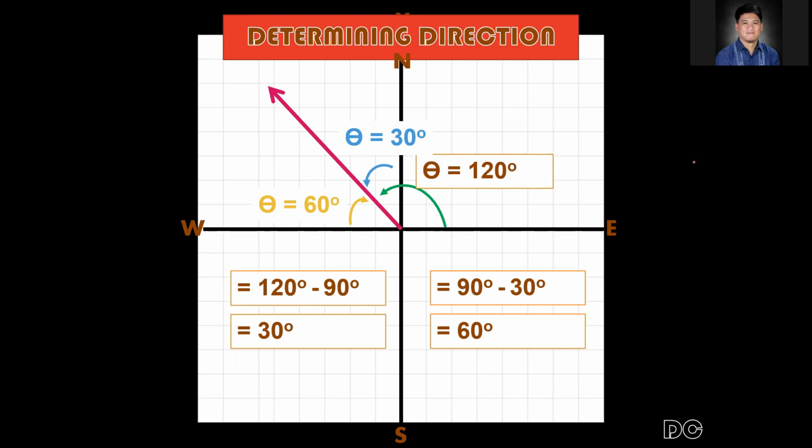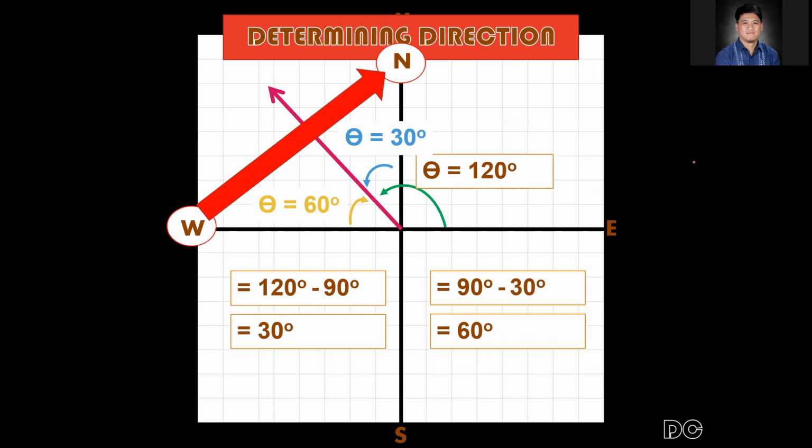So since 60 degree started from the x-axis, therefore, the angle theta is now equal to 60 degree, and since it started from the west and then moves upward to the north, therefore, the direction of this particular angle is north of west.